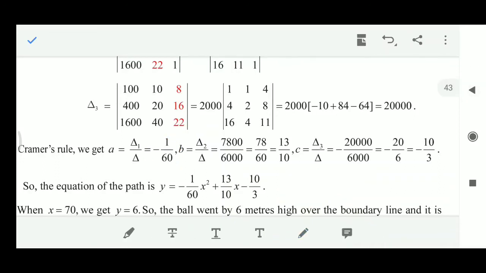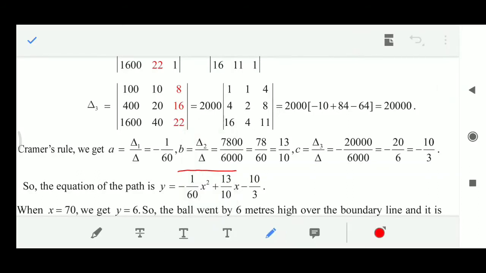Next, b is equal to delta 2 by delta. Here the value of delta 2 is minus 7800 by minus 6000, which gives 13 by 10. Like that, c is equal to delta 3 by delta, which gives minus 10 by 3. 20,000 by minus 6,000 cancels, gives minus 10 by 3.